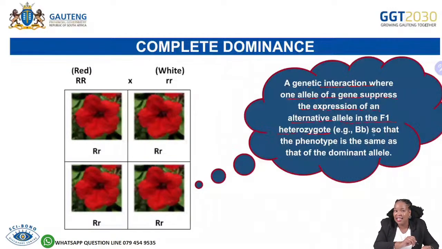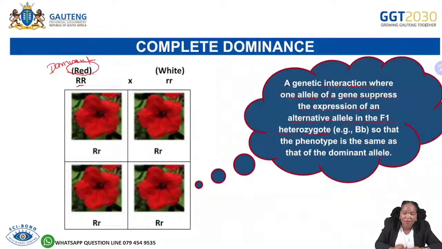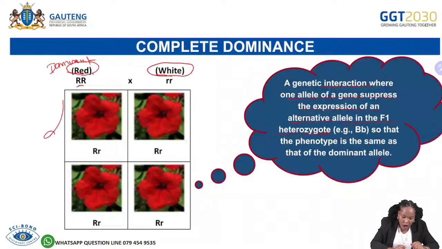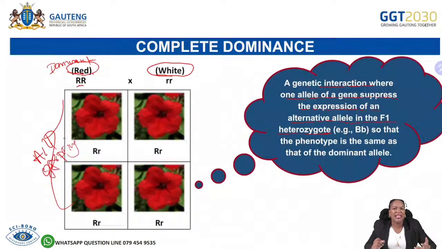Let us take a look at this example with the flowers. We don't have the white flower here. When you cross a red flower, where red is dominant, with a white flower, but all offspring are red, what does this tell you?